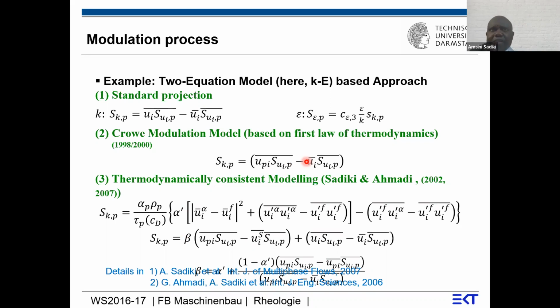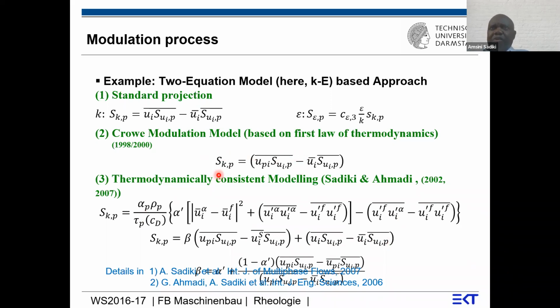That is why we developed new modulation models based on the second law of thermodynamics, and we call it thermodynamically consistent modeling of the turbulence modulation. We did it with our colleague Ahmadi from the US, and we obtained this expression here, which had this additional term to what Groh has obtained, and we also transformed it in Lagrangian formulation.